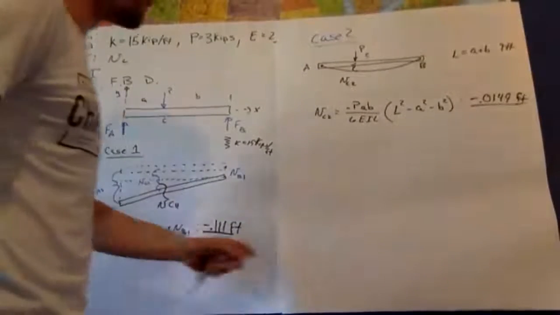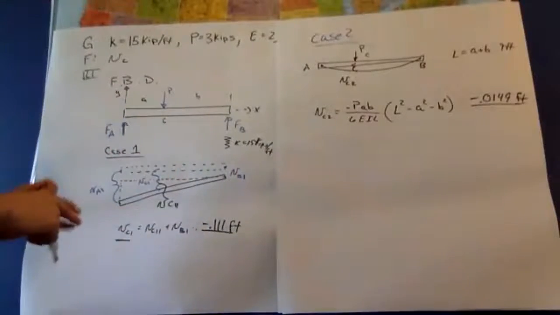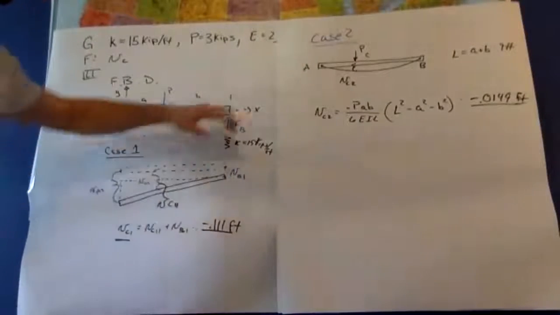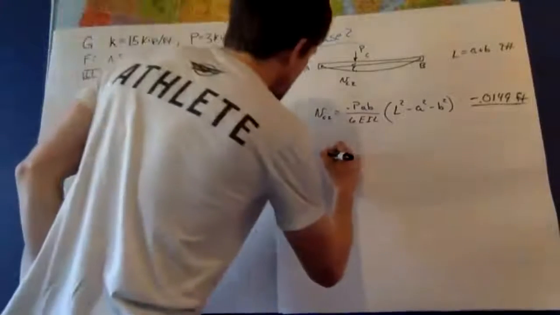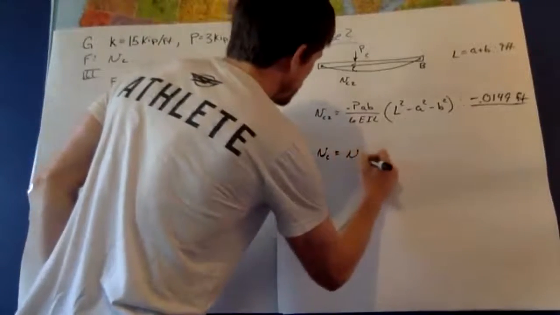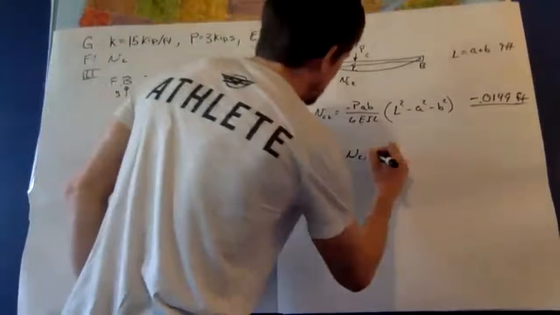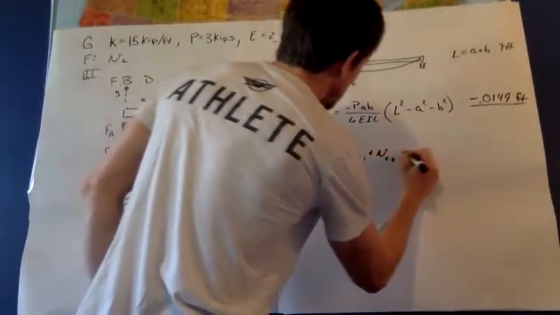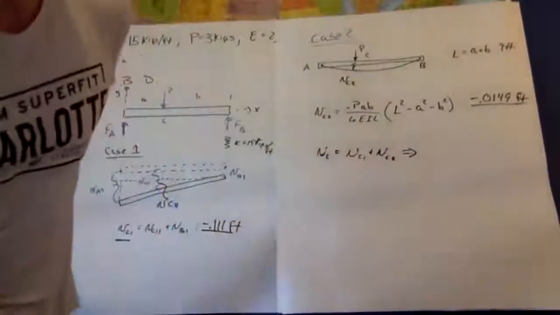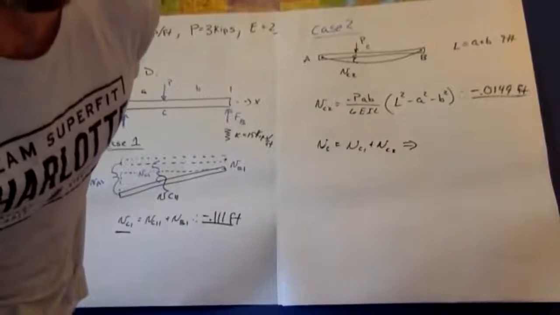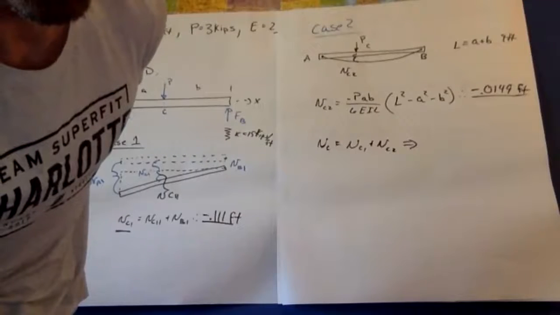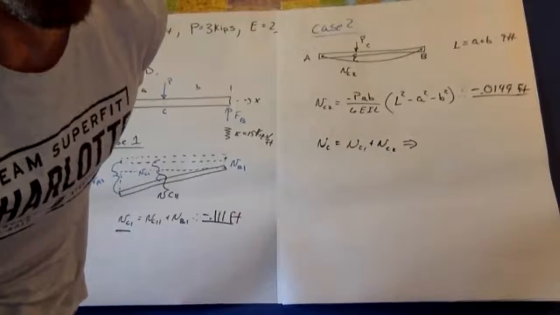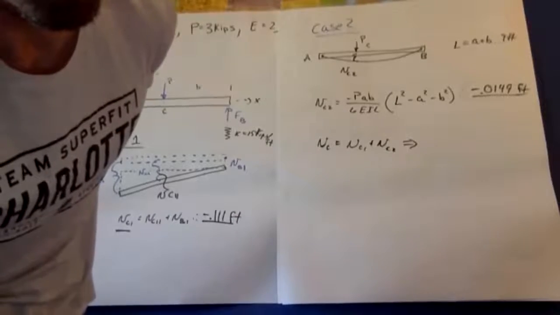But if you notice, there's still an order of magnitude, which is important. You get most of your displacement from these springs, not from the beam deflection or this spring. And then we can add them together. VC is equal to VC from case 1 plus VC from case 2. Oh, I didn't finish the problem.